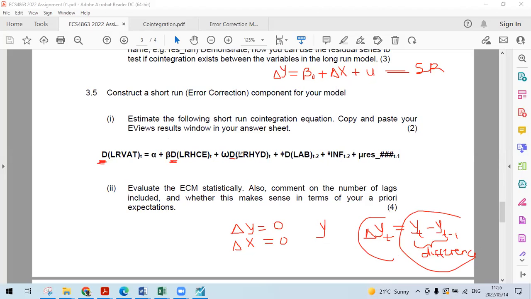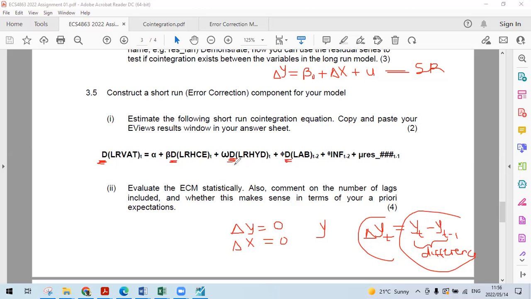Guys? Yes, we do. That's the short run. So whenever you are writing your error correction model, the D's will be there. But the long run won't have the D's. Are we together? Yes.